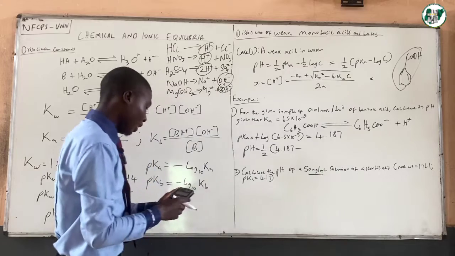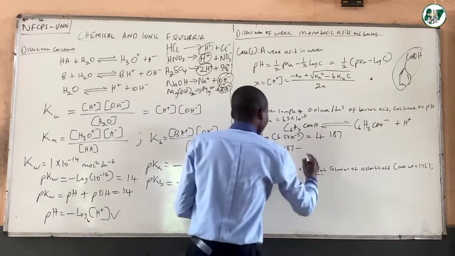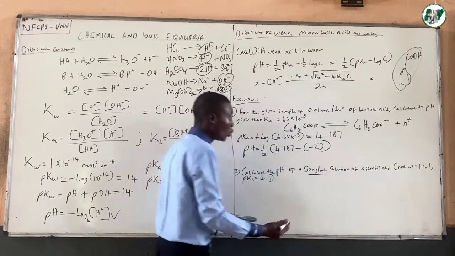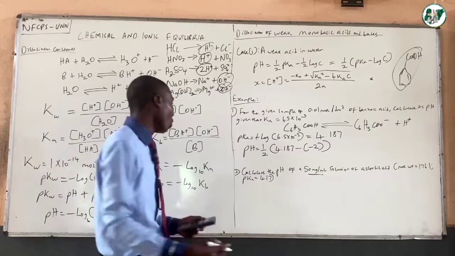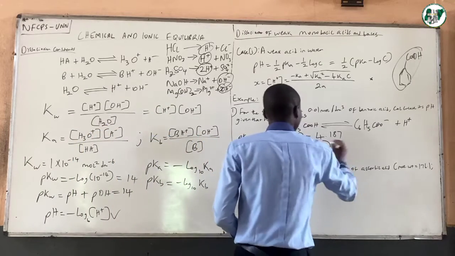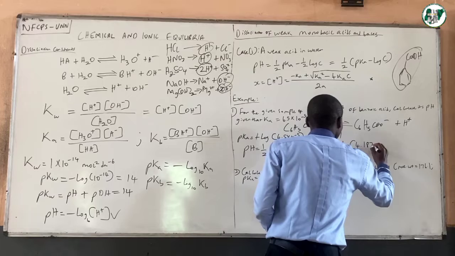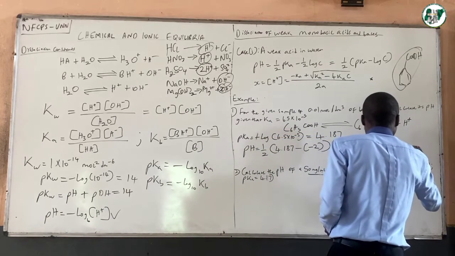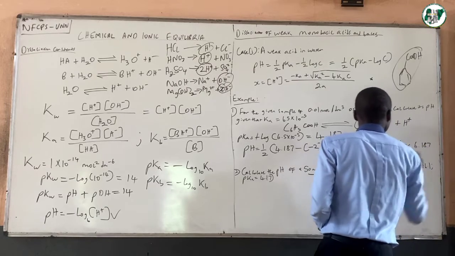Let us do the log C straight away, and then we'll put that into what we have in the bracket. So log C is minus 2. In mathematics, minus times minus is going to give us plus. So what we have here is pH is equal to 1 over 2 times 4.187 plus 2. And that's going to be 1 over 2 times 6.187.